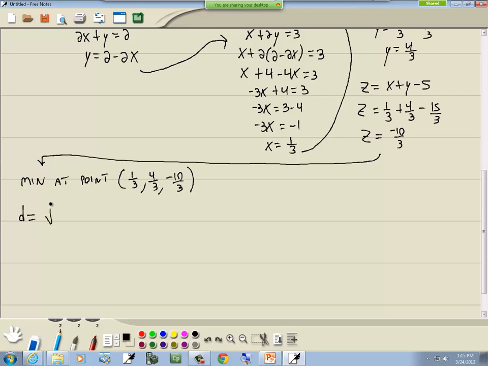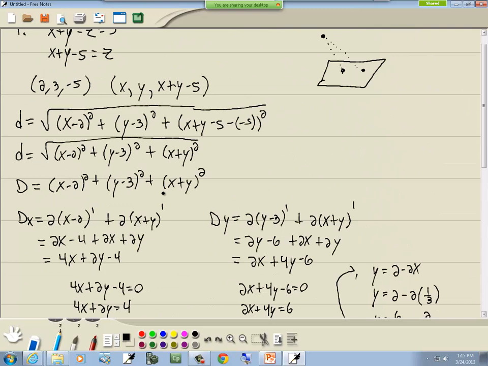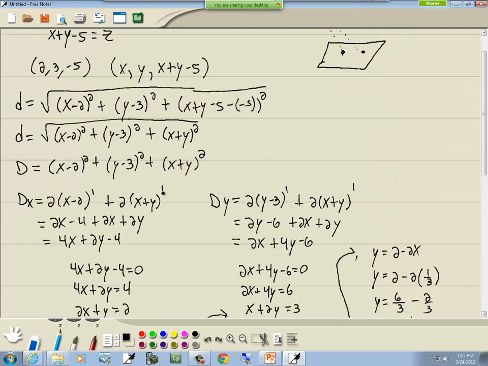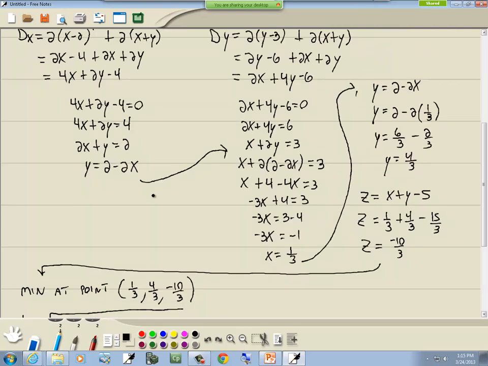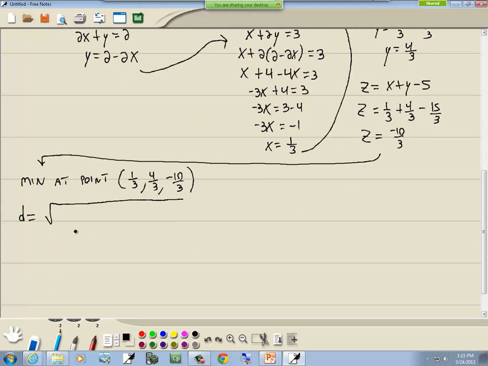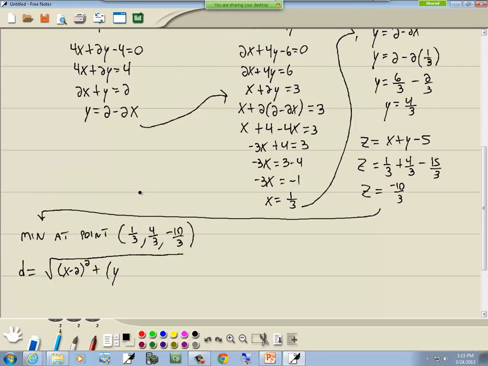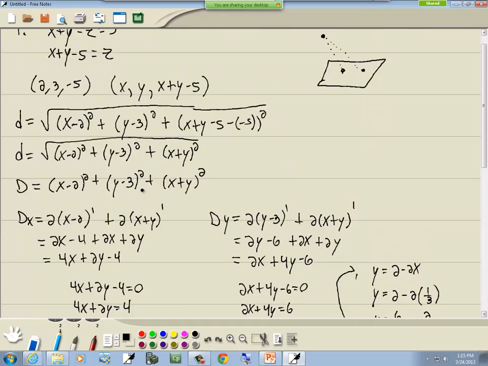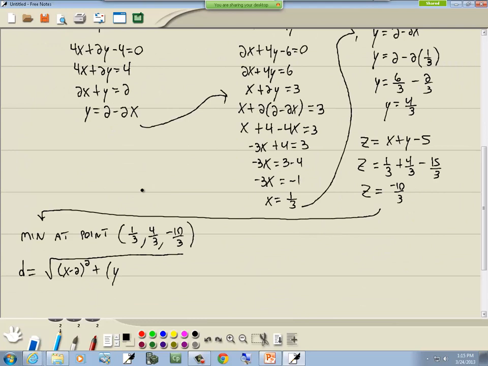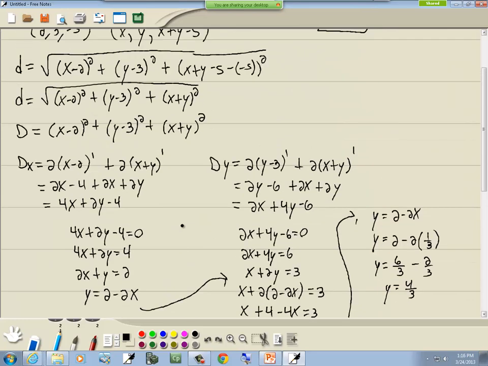From up above, we said the distance is equal to x minus 2 squared plus y minus 3 squared plus, what was it, x plus y?